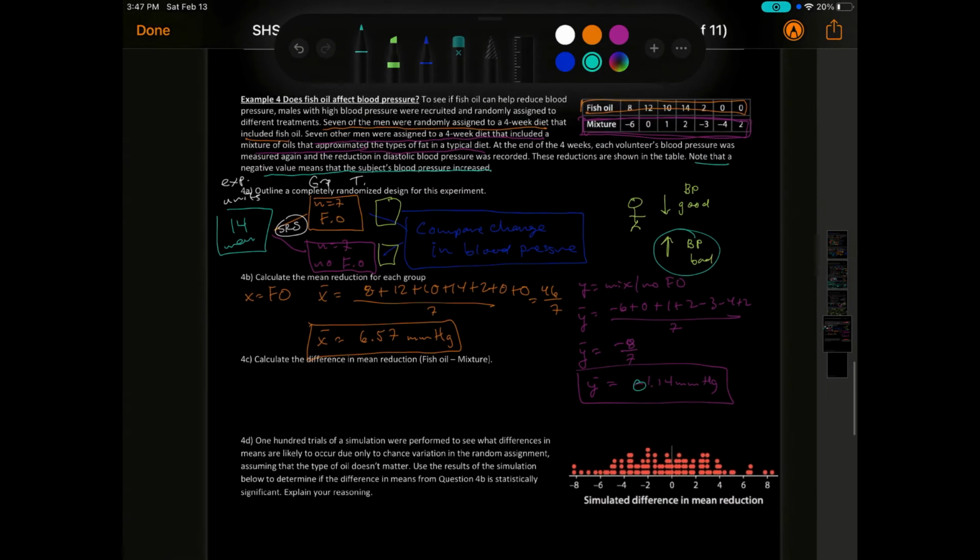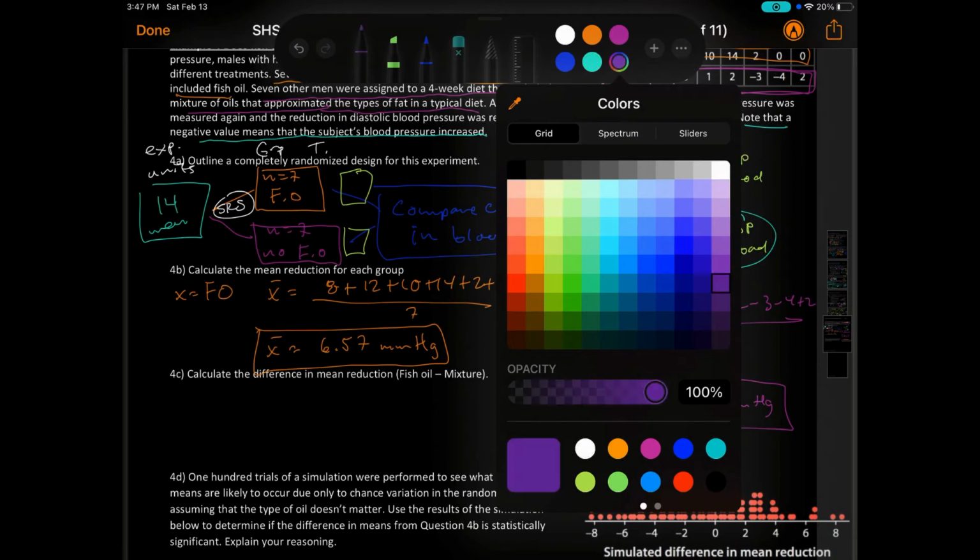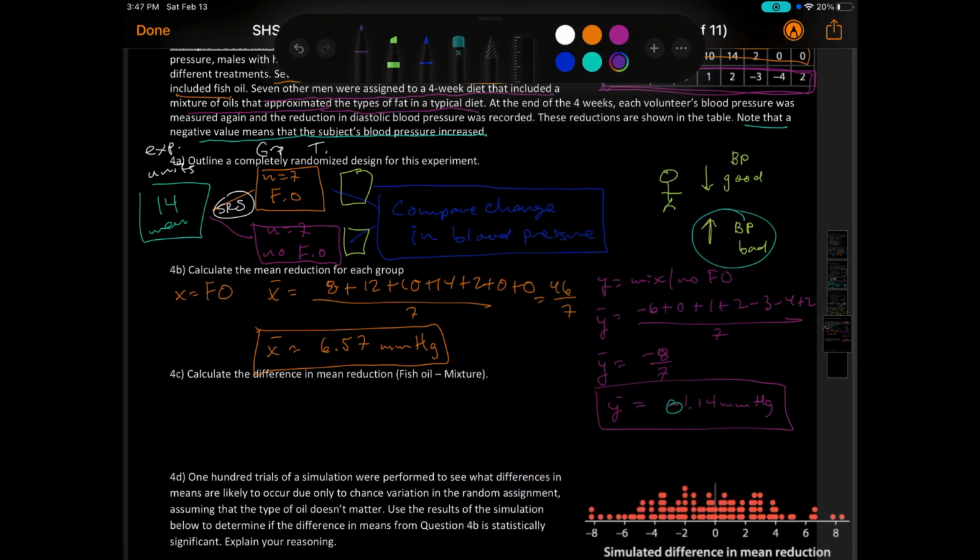Okay. All right. So now it tells us to calculate the difference in mean reduction. It tells us fish oil, so that would be the orange, 6.57 minus the negative 1.14.